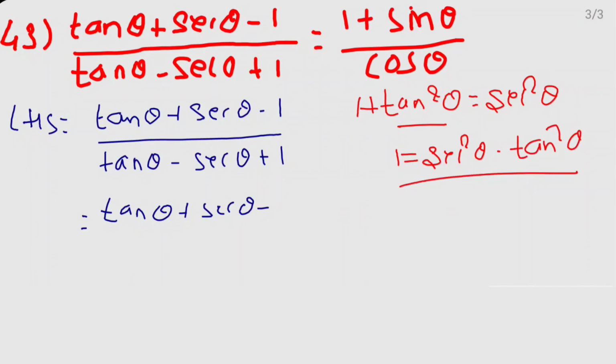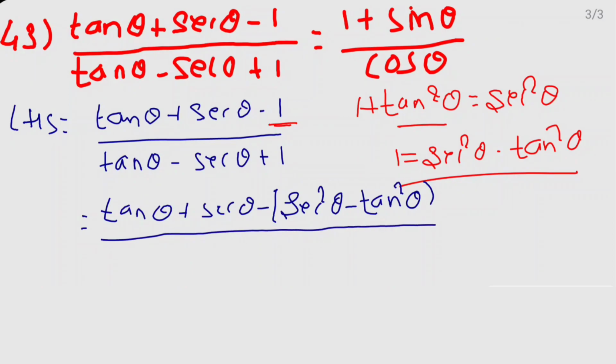So instead of this 1 we can write sec square theta minus tan square theta. So now here we got in a bracket sec square theta minus tan square theta, and this divided by tan theta minus sec theta plus 1 as it is.